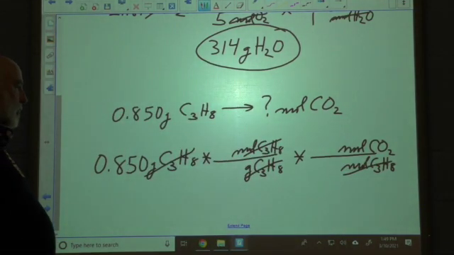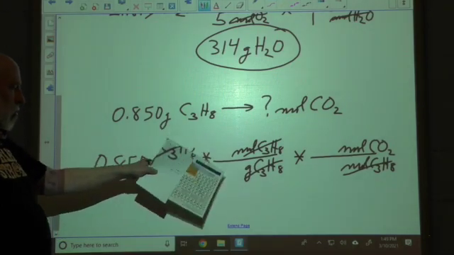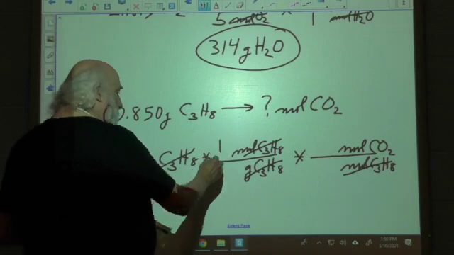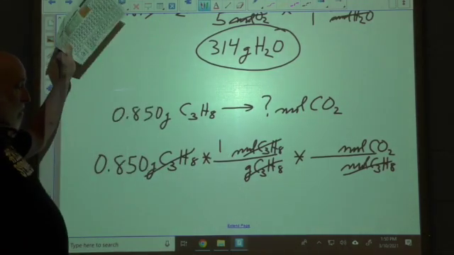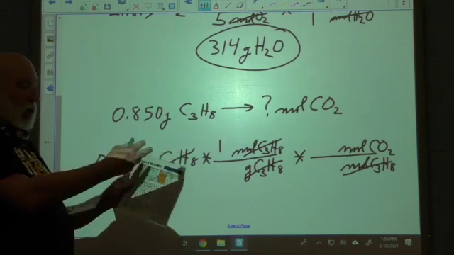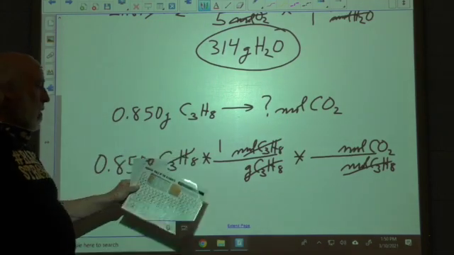All right, so we go ahead and plug in numbers here. If we're using the periodic chart, we know that this is always going to be 1 mole here, no matter what it says on top. It has nothing to do with that. It has everything to do with the periodic chart. These all represent 1 mole.